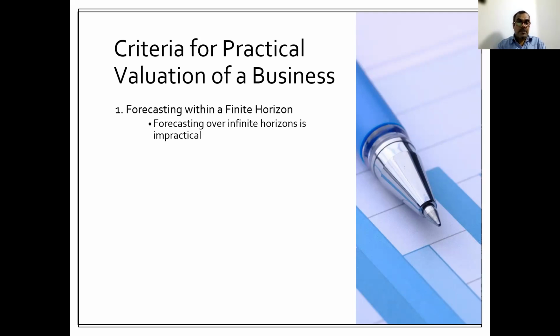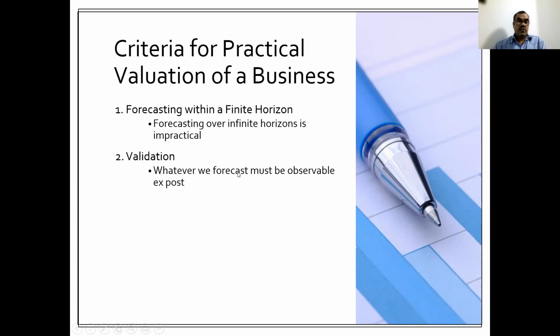Right. So simply speaking, the argument here is that we do the valuation based on forecast. If we can identify a finite time horizon with preciseness, that is much better. But depending on the situation, we need to think of other alternatives as well.